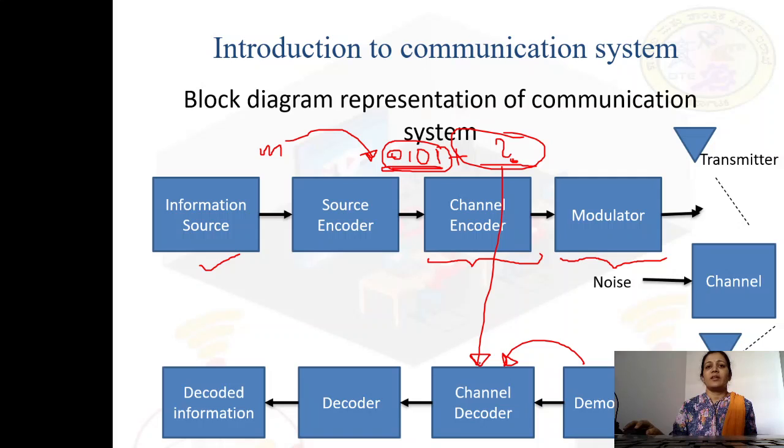If an error has occurred during transmission, we have two options. Either we can send a request back to the transmitter asking it to retransmit the data. In that case, we call such a coding technique an error detecting coding technique. Alternatively, after knowing that an error has occurred, if your channel decoder is capable of correcting that error, then such techniques are called error detecting and correcting techniques.